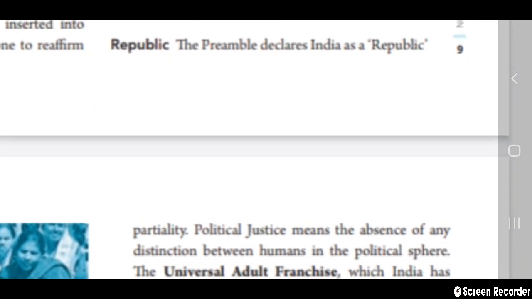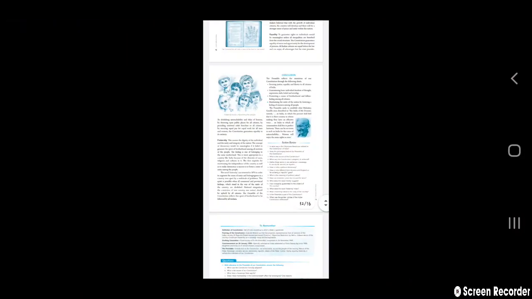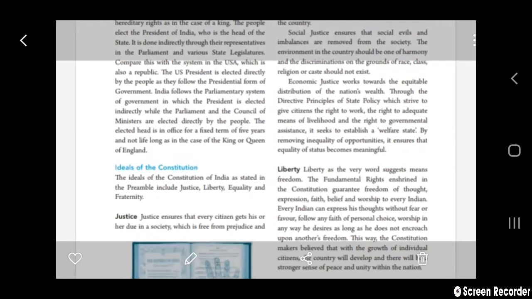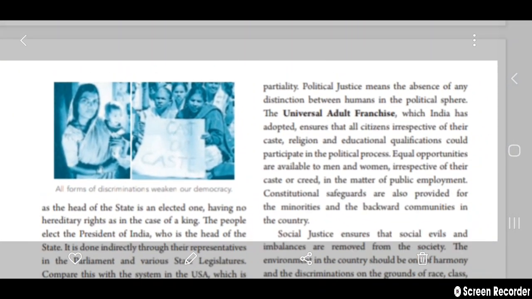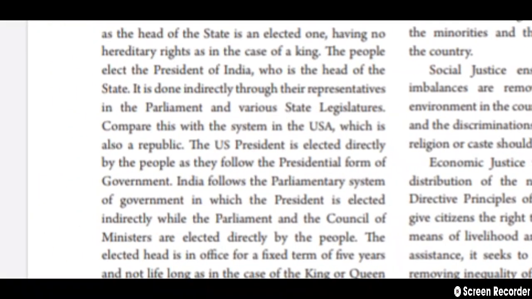Next is republic. As the preamble declares India a republic, the head of the state is an elected one, having no hereditary rights as in the case of a king.